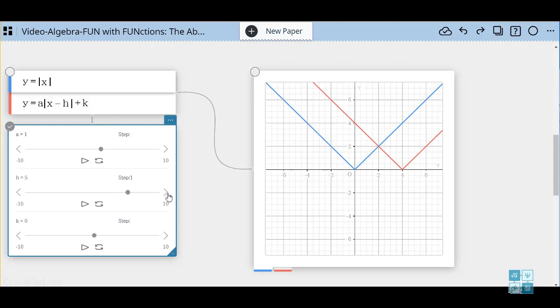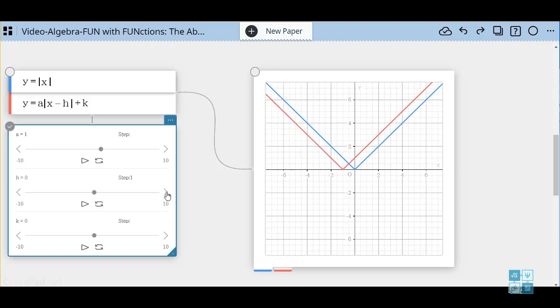As the value of h increases, the graph moves to the right. If we decrease the value of h, the graph moves to the left. So the effect of h is to perform a horizontal translation on the parent function.